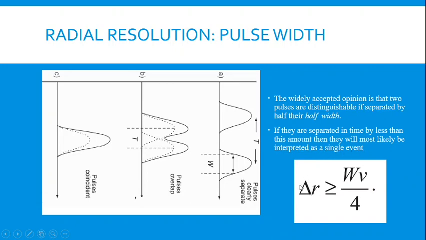So radial resolution is given by greater than or equal to W V by 4, where W represents the half width of the pulse and V represents the velocity. The factor that majorly plays a role is W, and velocity is almost constant.